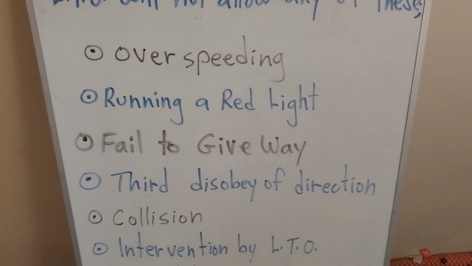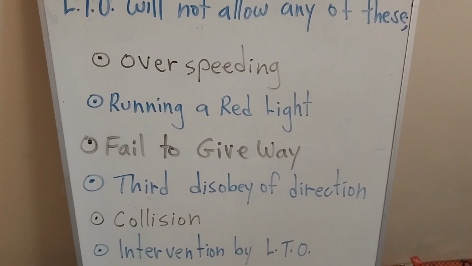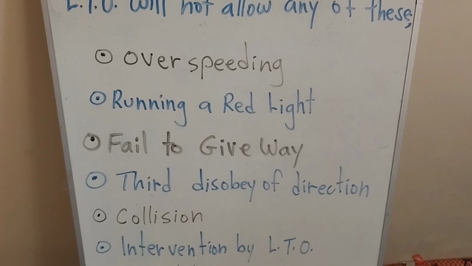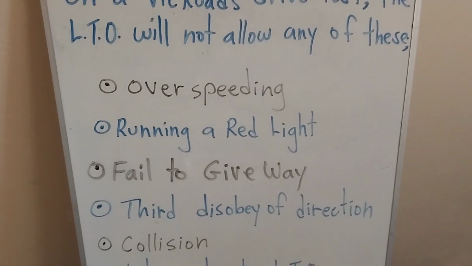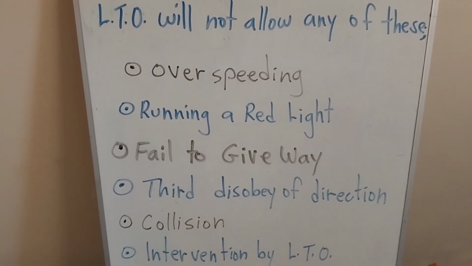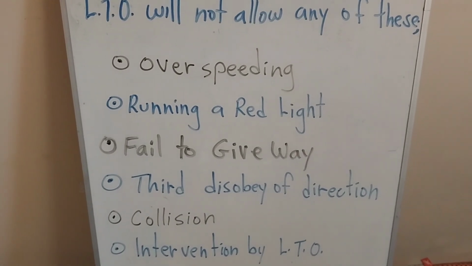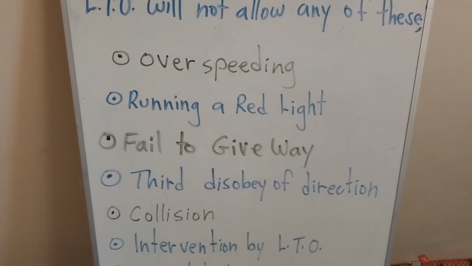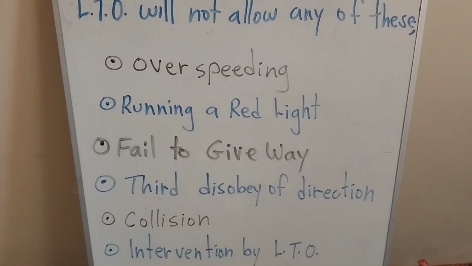Intervention by the LTO. Over here, what it means is that during the drive test, the LTO had to intervene and tell the applicant what to do. For example, we are the first car at the traffic lights and the light has turned green and we are not moving, and the LTO says, please move on, the light has changed to green. So definitely you'll move on, but after a while the tester will say, okay, pull over and stop the car on the left.